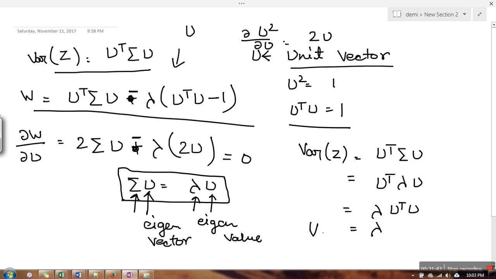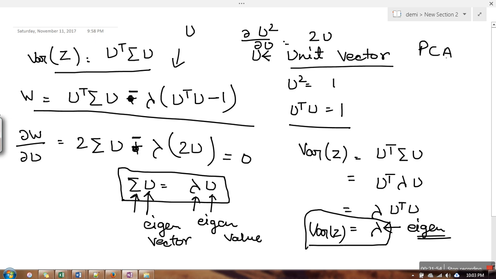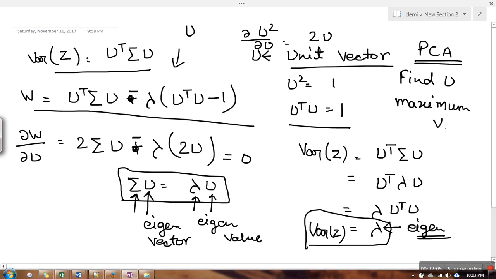So the variance of z is actually the eigenvalue. What PCA wants is to find u in such a way that it gives maximum variance. Since the variance of z equals the eigenvalue, the maximum variance will be the highest eigenvalue of the covariance matrix.